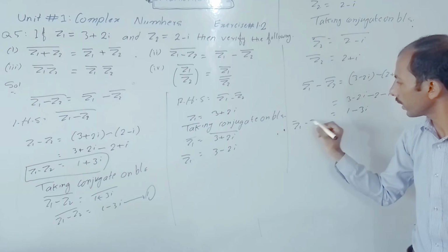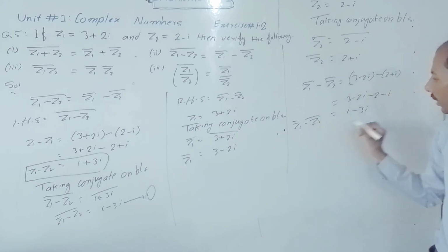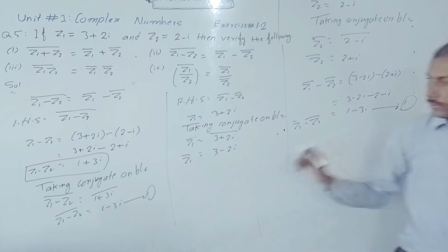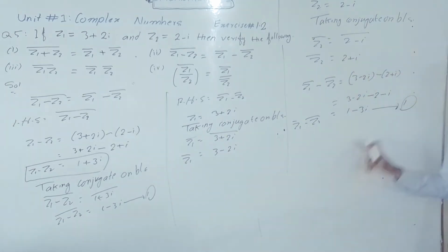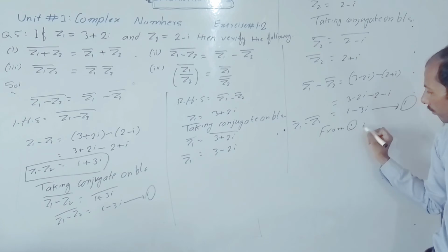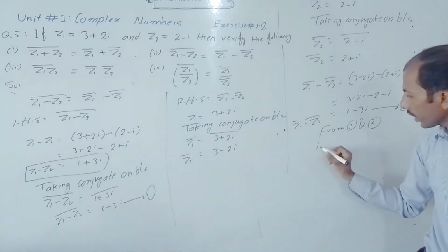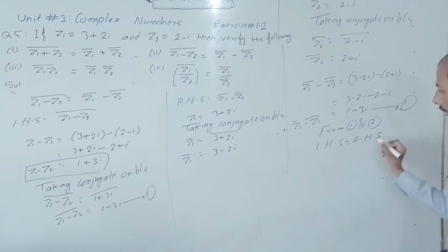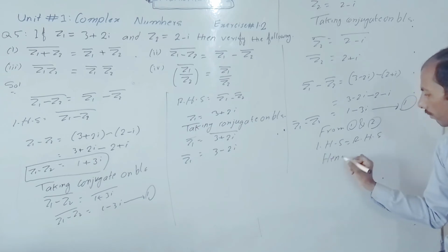So Z1 conjugate minus Z2 conjugate is equal to 1 minus 3 iota. From 1 and 2, left hand side is equal to right hand side, hence proved.